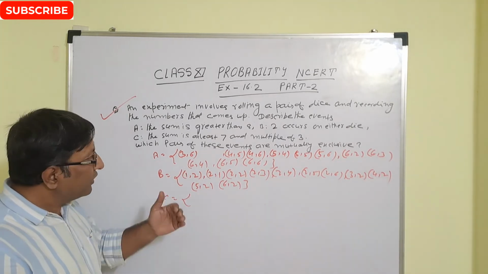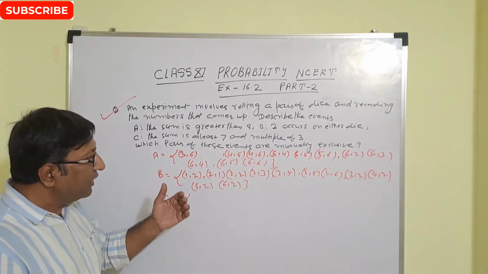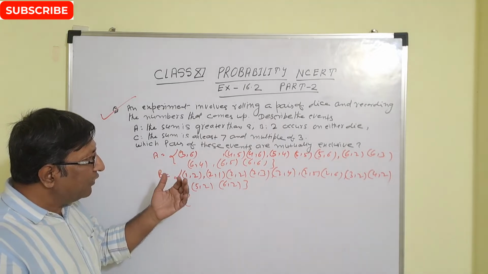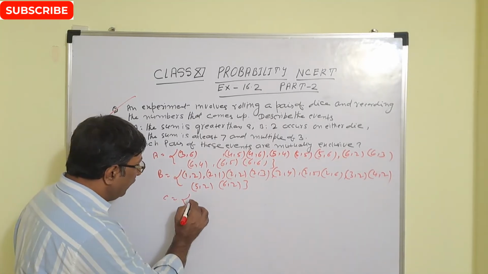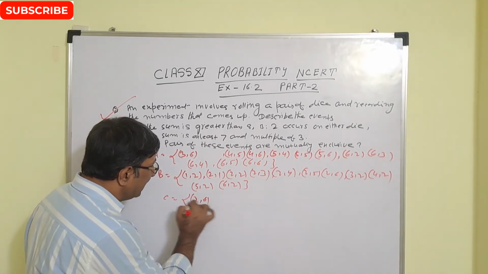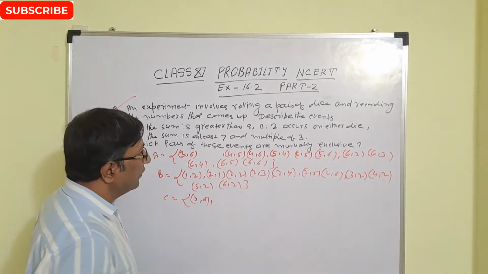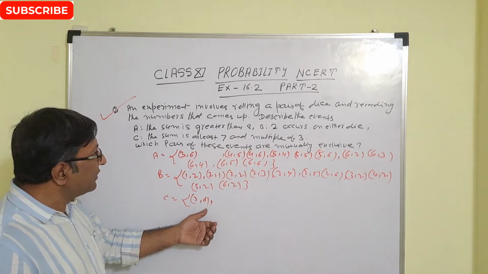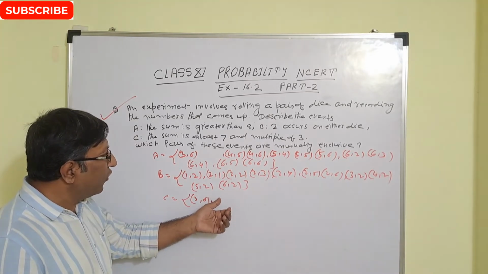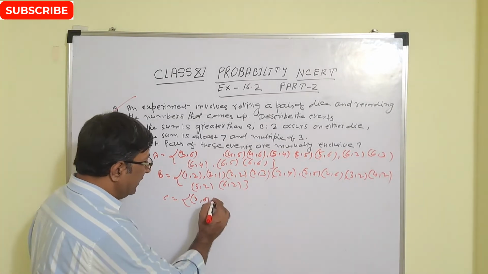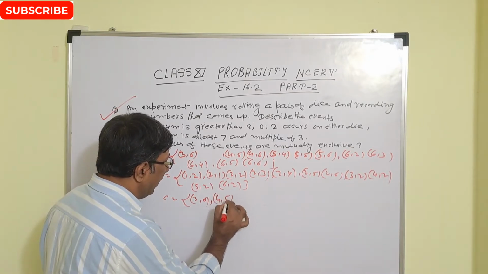Now 3: 3, 1, 3, 2, 3, 3, 3, 4, 3, 5, 3, 6. So the pair will be 3, 6. Again from 4: 4, 3 is 7, 4, 4 is 8, 4, 5 is 9. So the next is 4, 5.